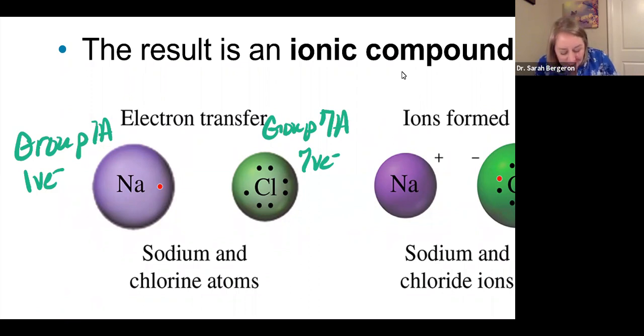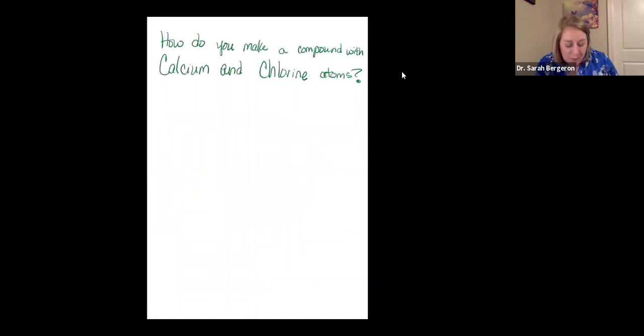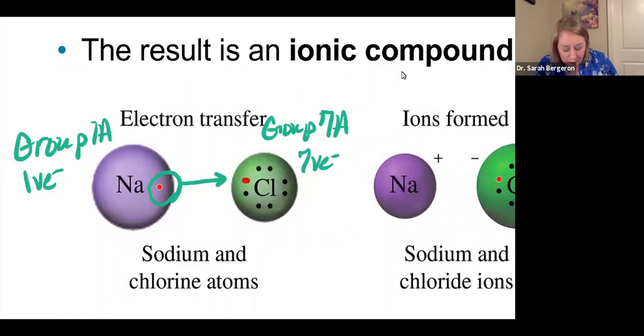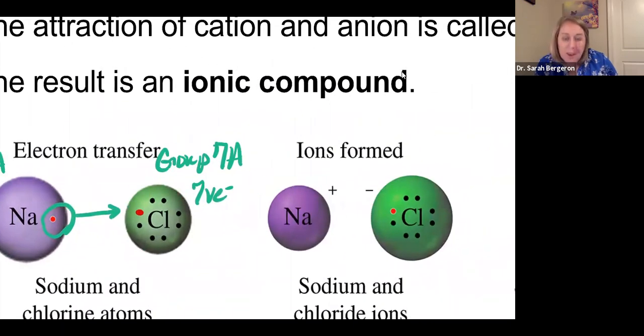We can take sodium's 1 valence electron and transfer it, giving that 1 electron to chlorine. Now chlorine has gained an electron, sodium has lost an electron, and so sodium is positively charged, a positive 1, and chlorine has a negative 1.